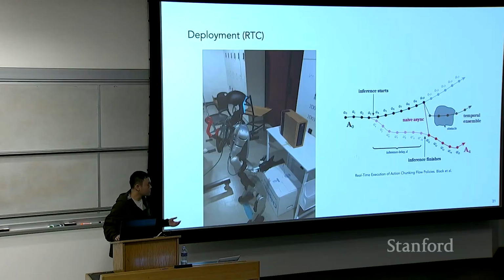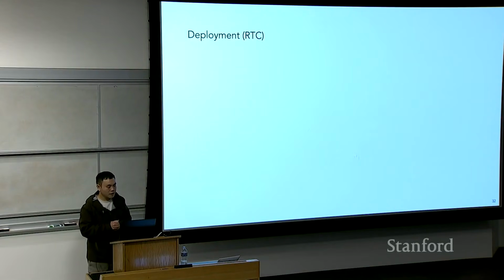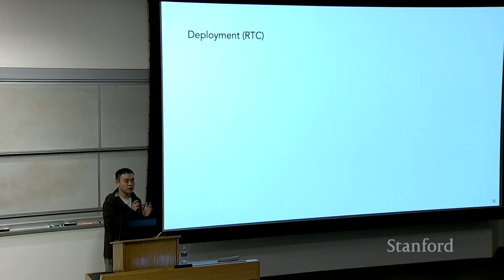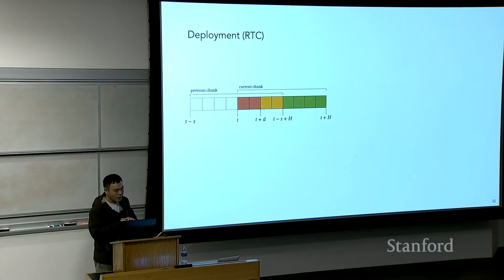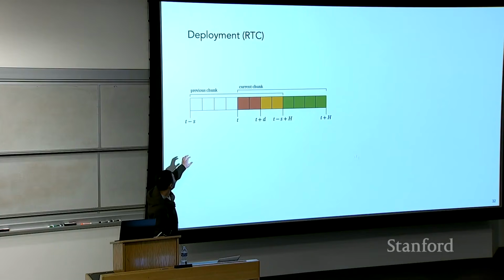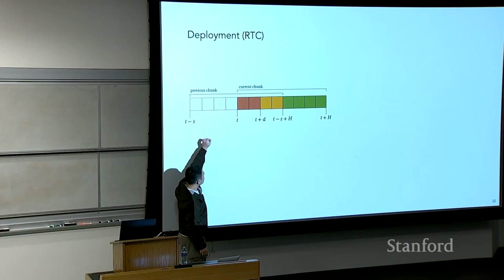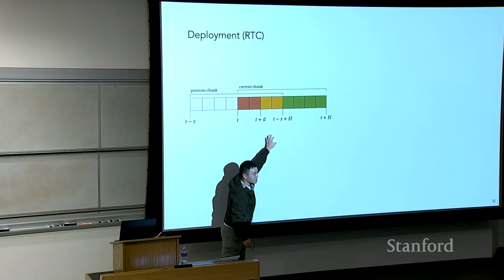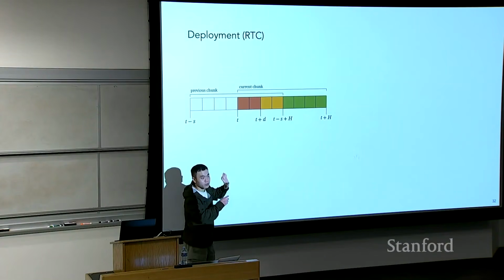How can we solve this problem? It turns out the problem is because of some overlap between the two action sequences. Again, let's use this as an example. We assume the first action trunk starts from t minus s to t minus s plus h. That's the first action trunk.